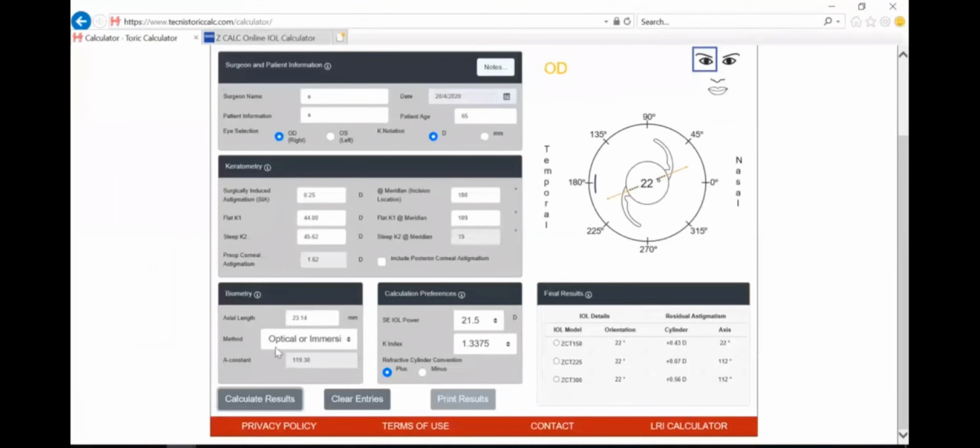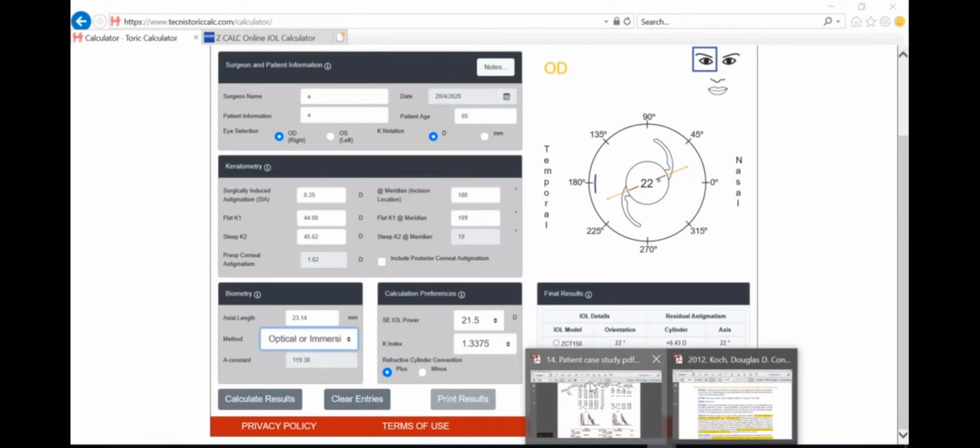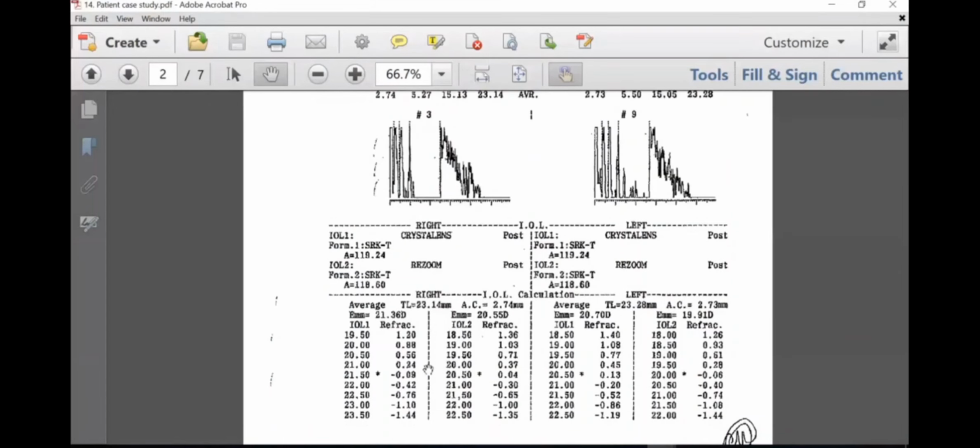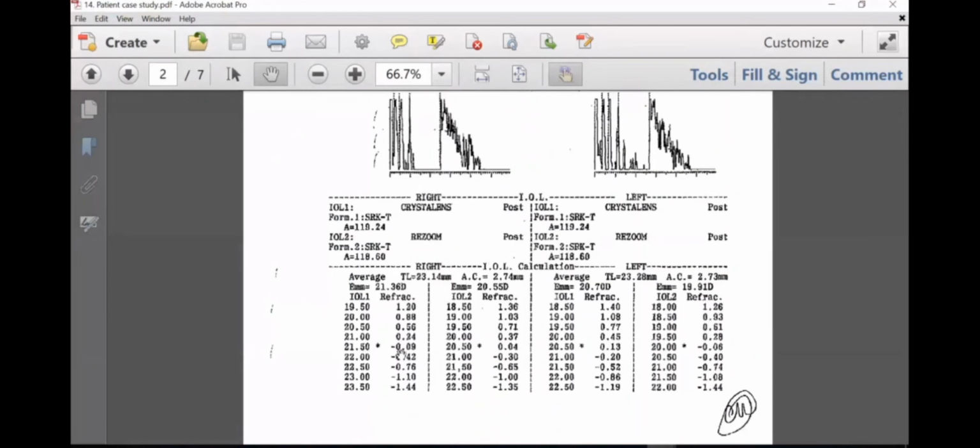For the method of biometry, you can choose optical or immersion, which is the same value of 119.3. Spherical equivalent power chosen is 21.5. I'm just assuming it's this value that is chosen, closest to emmetropia, slightly myopic, but still very close to 0.